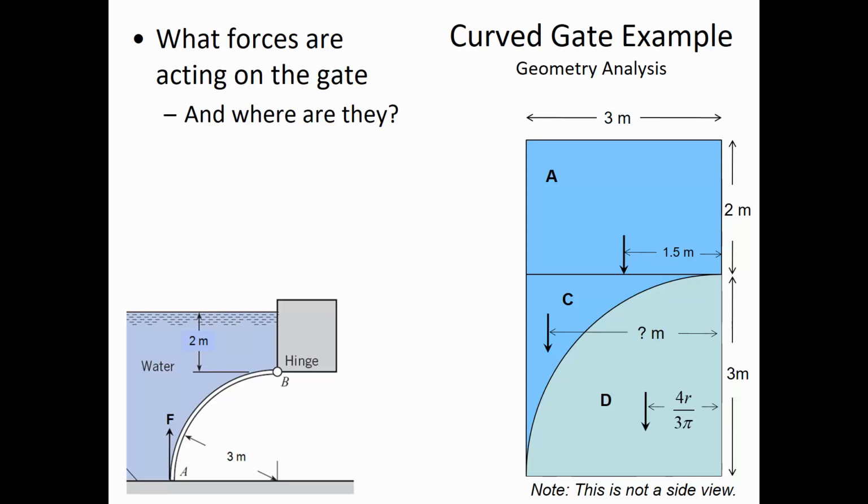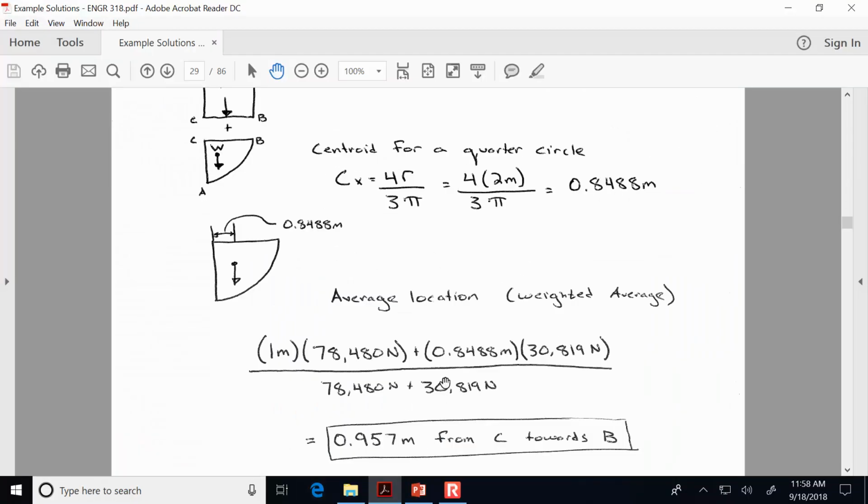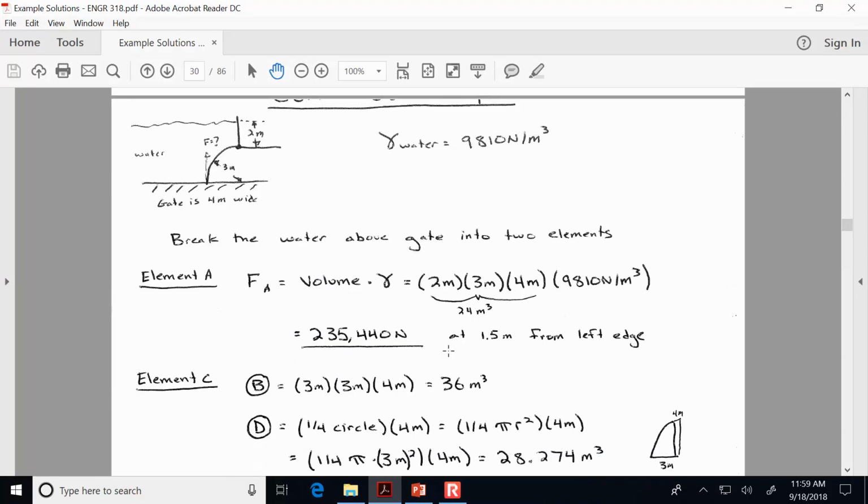So if we measure from the right side, it's 2.33 meters to where that equivalent force is acting. I'm going to pause for a moment and give you a chance to copy this down or double check the calculations, think it over. I'll bring the solution up on the screen too, just to make sure that it gets recorded.